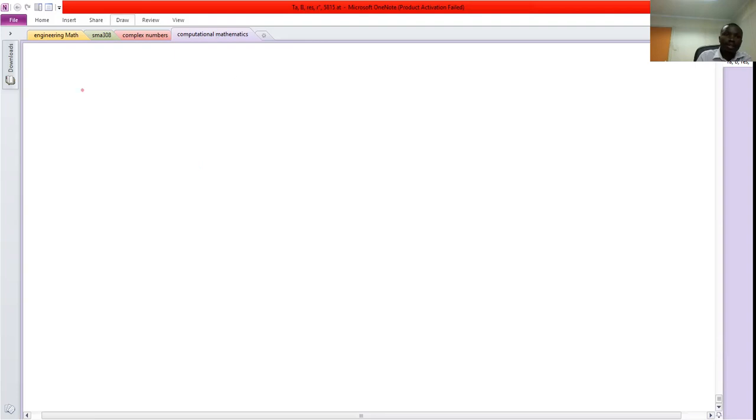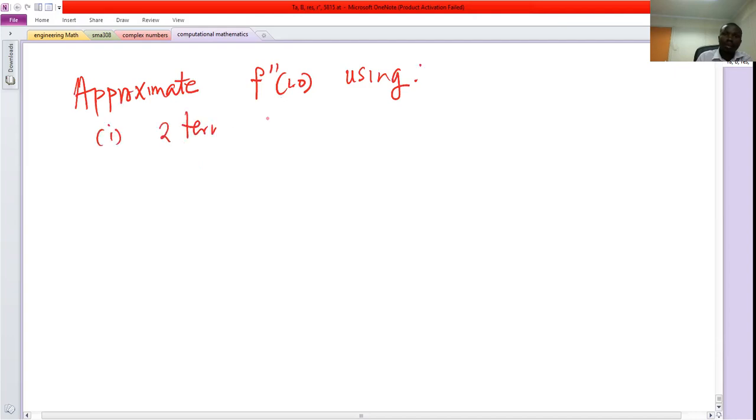Approximate f double prime at 1.0 using, Roman 1, 2 terms, Roman 2, 3 terms, Roman 3, 4 terms. So let's say this is the first question.